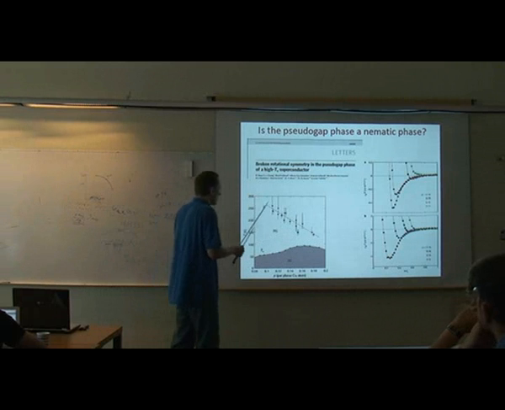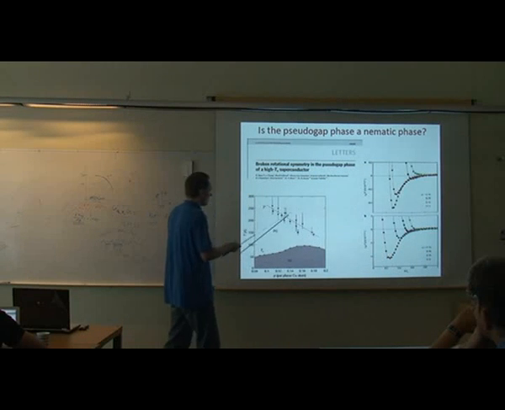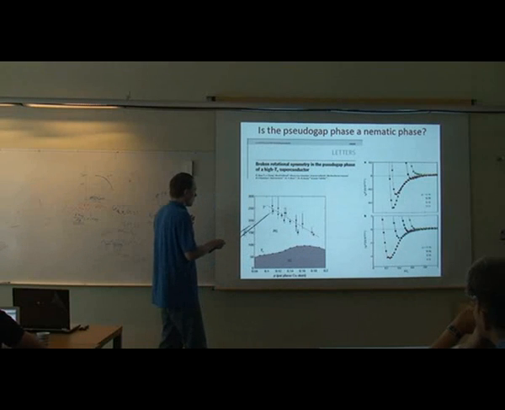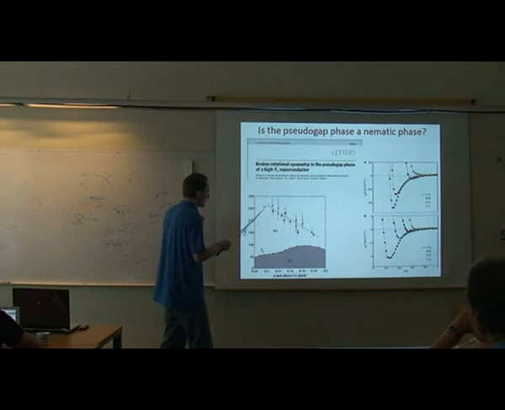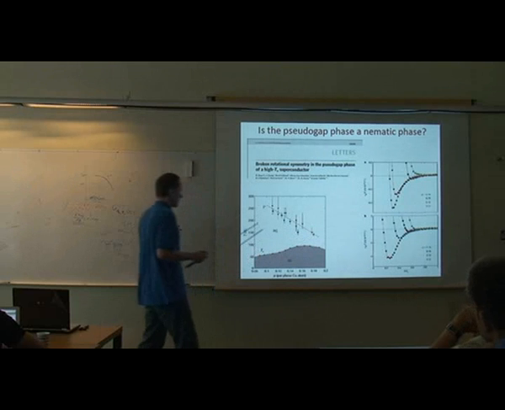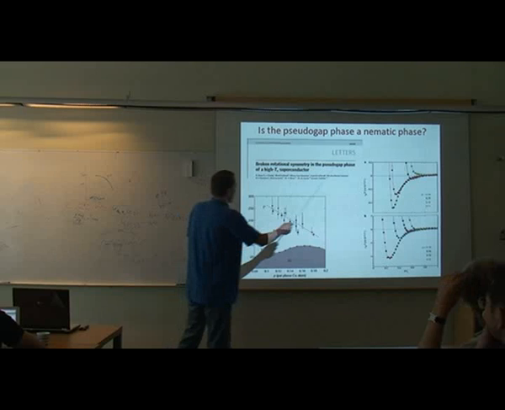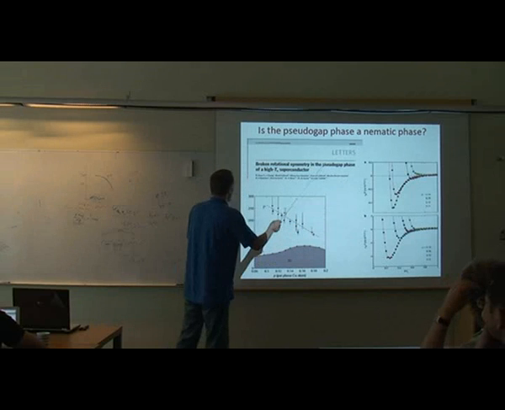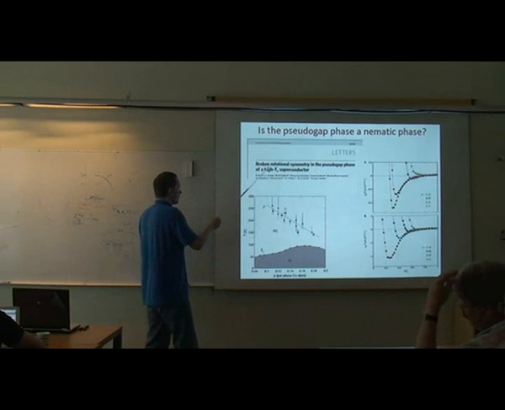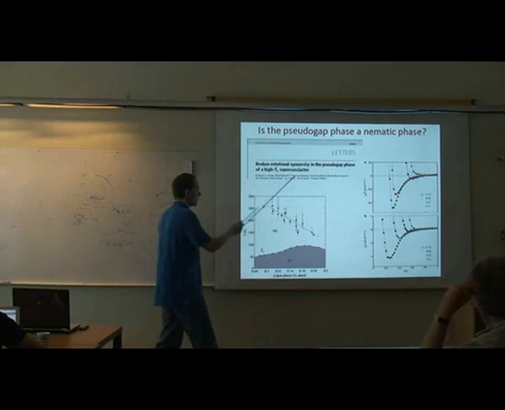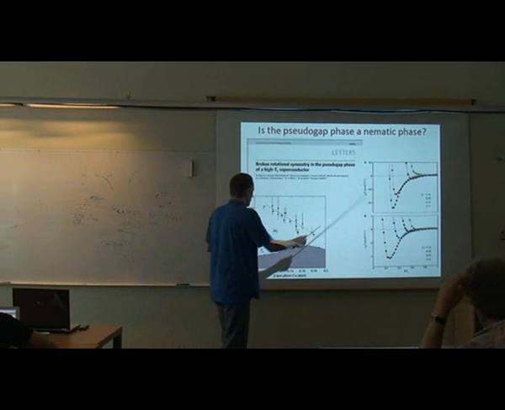But it seems to be somehow coinciding, as far as the experiment can tell us at least. The error bars somehow fit on this T-star line to the pseudogap phase. So what this tells us is simply summarized in this sentence. The pseudogap phase tends to be a broken rotational symmetry phase according to these measurements.